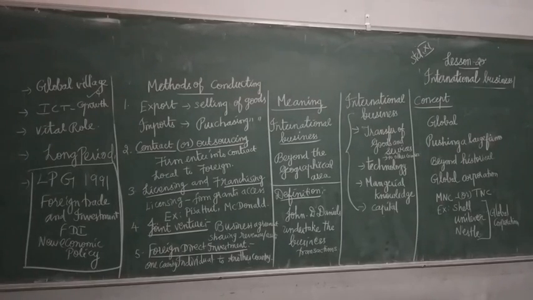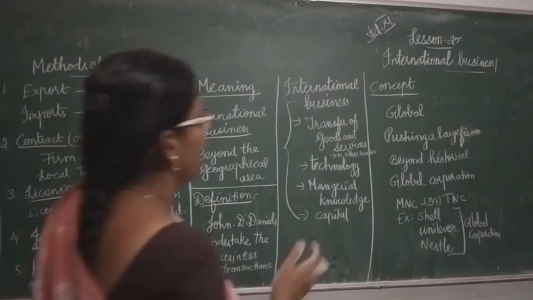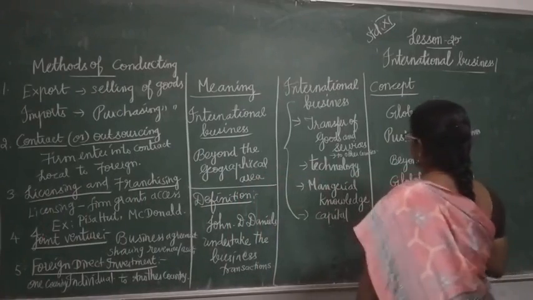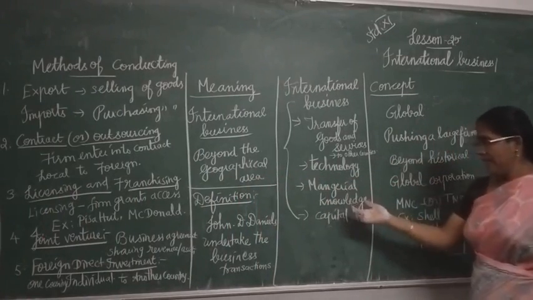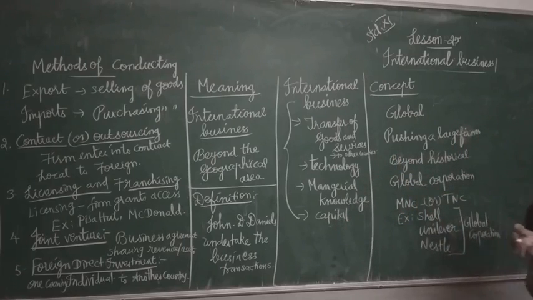Let us move on to international business, which involves operations across national boundaries. International business is not only transferring technology and managerial knowledge, but also capital to other countries. See, international business involves transactions across national boundaries, isn't it?